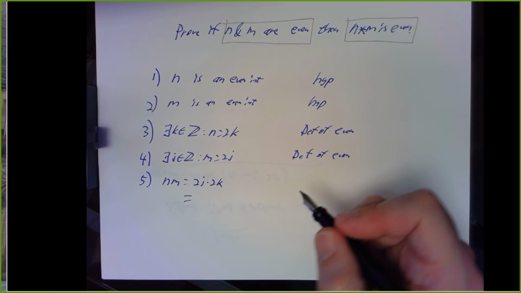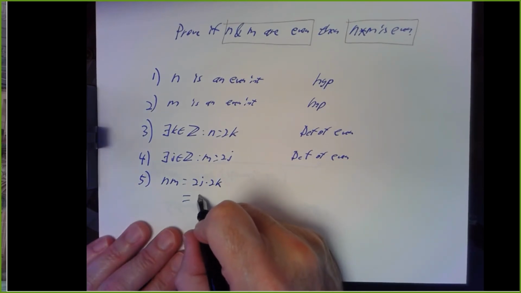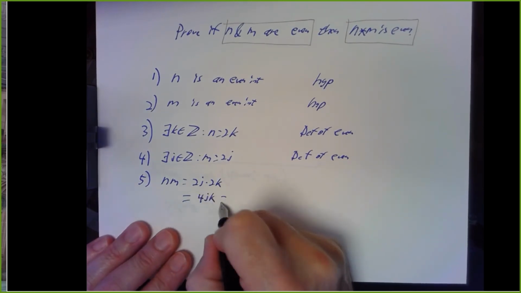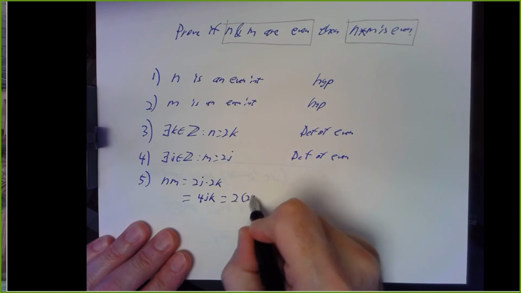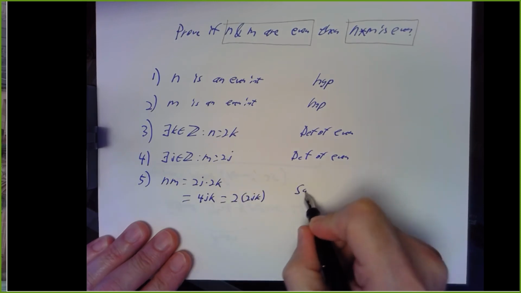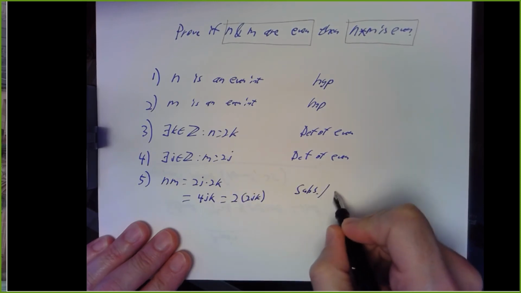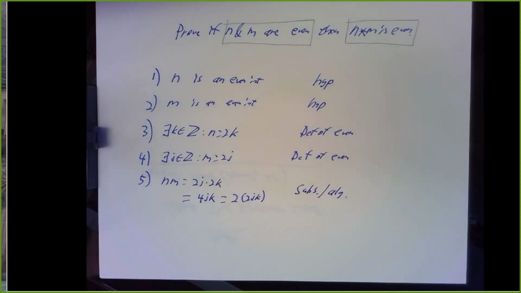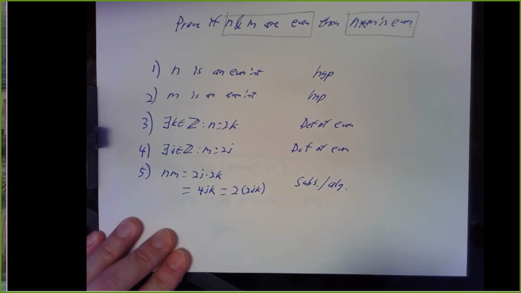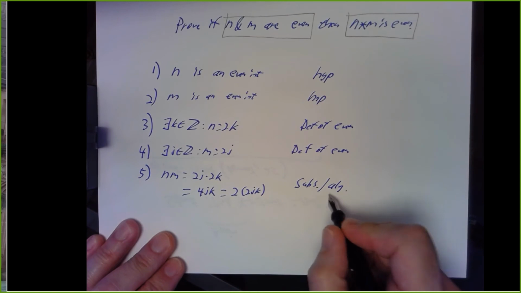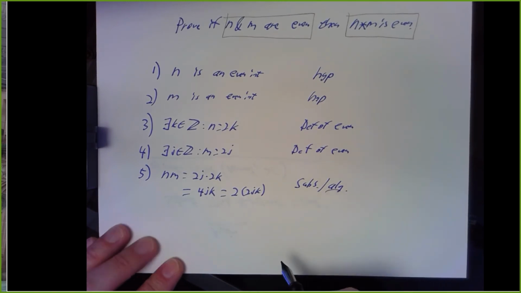And I'll go ahead and expand that out. And I'll factor. And that's substitution and algebra, and some commutativity thrown in there too. I'll subsume the commutativity under algebra for now.